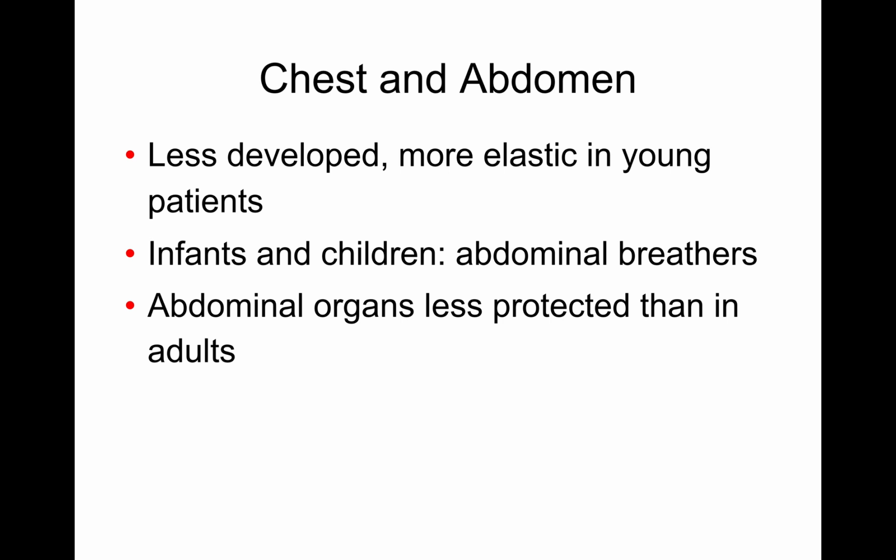In their chest and abdomen, their abdominal organs are a little bit more elastic and less secured in there, and they're more prone to internal injuries, especially during things like car accidents. They tend to be more abdominal breathers, and so you'll see their abdomen going in and out more often, especially with the infants in that category.